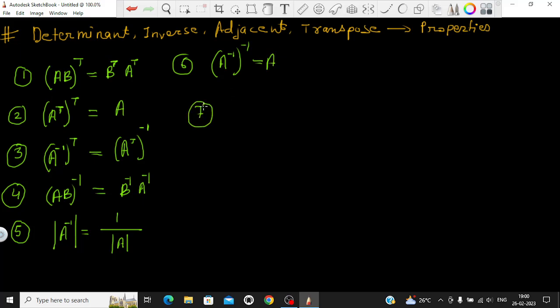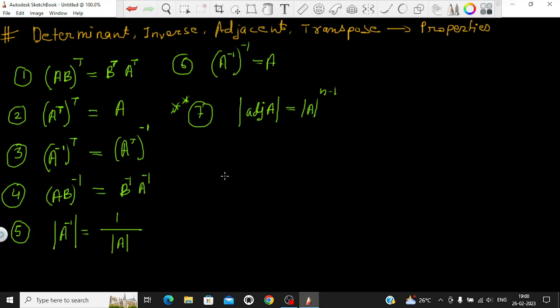Now seventh property is important. If you apply adjoint of A and you take determinant of adjoint of A, then you will get determinant of A power n minus 1.